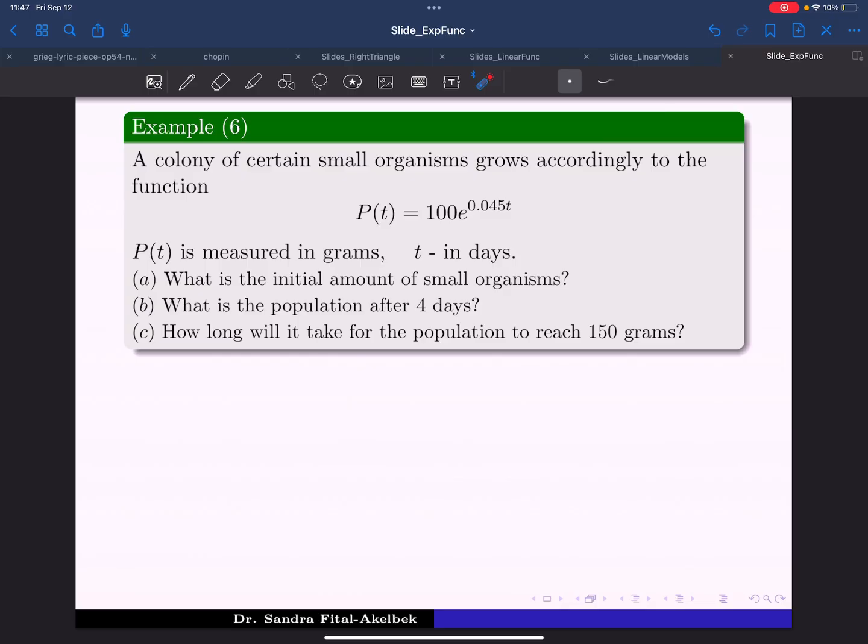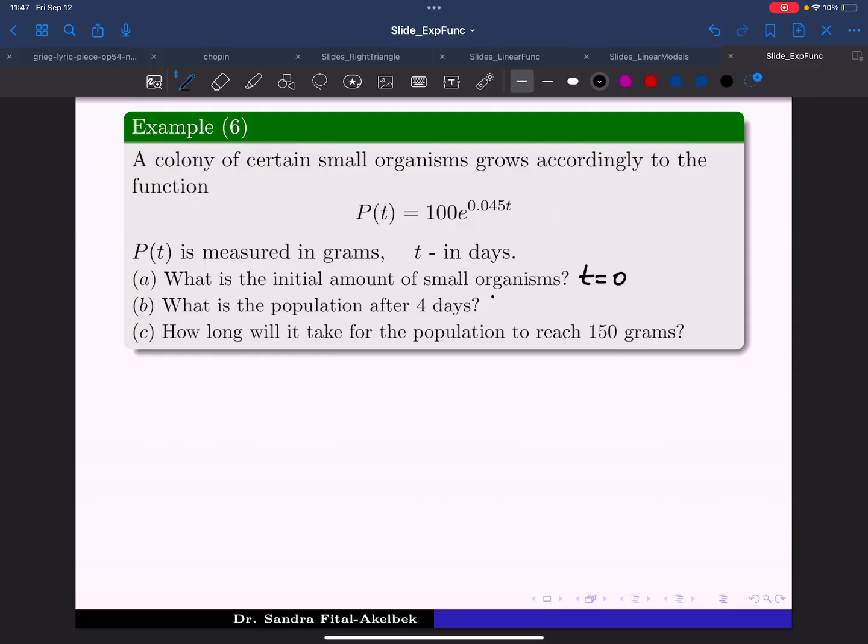Example 6. A colony of a certain small organism grows according to this function, given with the e number, where P is measured in grams and t is days. What is the initial amount of small organisms? So the initial amount would be t equal to 0. So we substitute t equal to 0 into that equation.